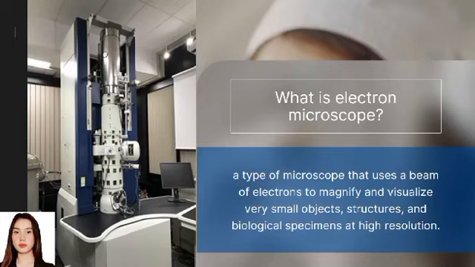This electron microscope is used to magnify and visualize very small objects, structures, and biological specimens at high resolution. Unlike optical microscopes that use visible light, an electron microscope uses a focused beam of electrons that has a shorter wavelength, allowing for high magnification and better resolution.